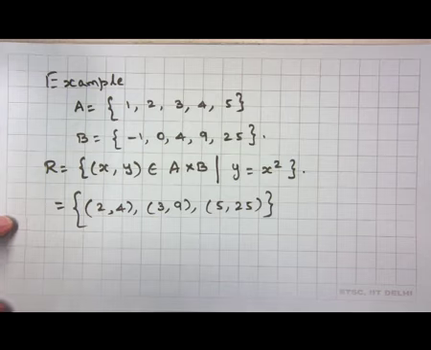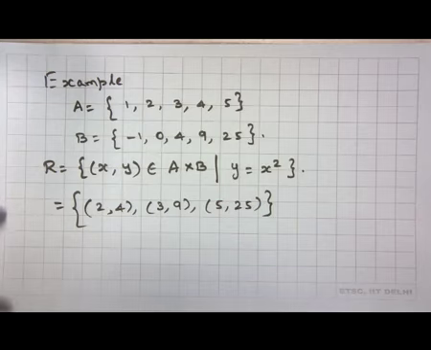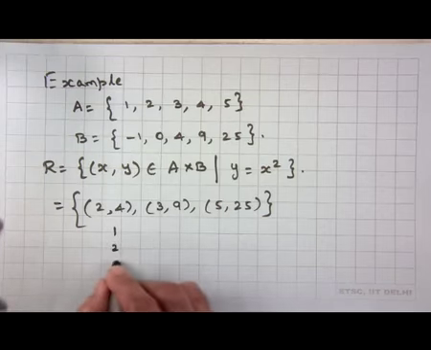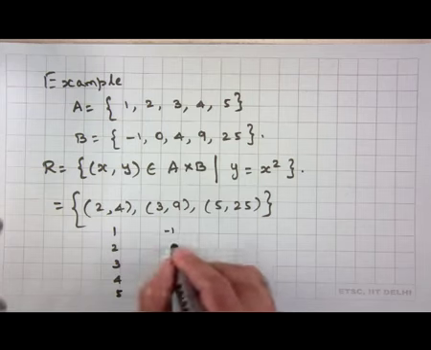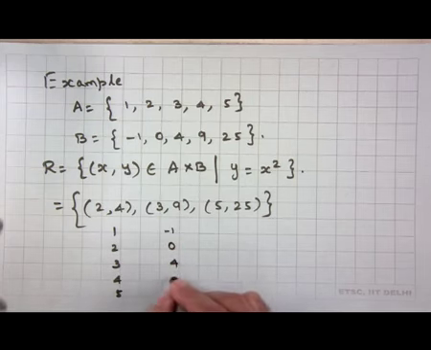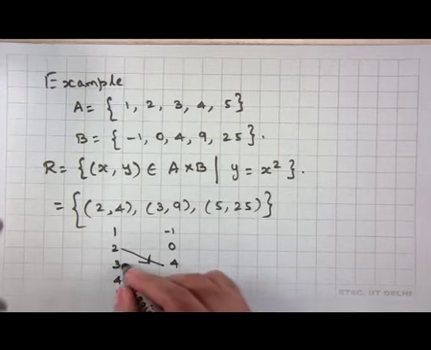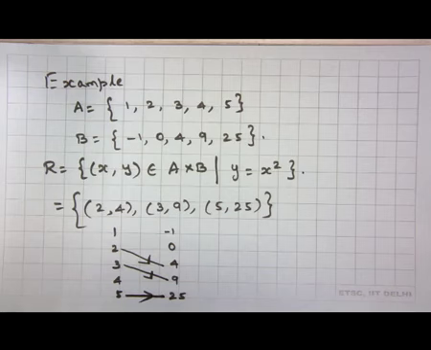Let us again try to pictorially represent this. 1, 2, 3, 4 and 5, -1, 0, 4, 9 and 25. 2 is related to 4, 3 is related to 9 and 5 is related to 25, right.